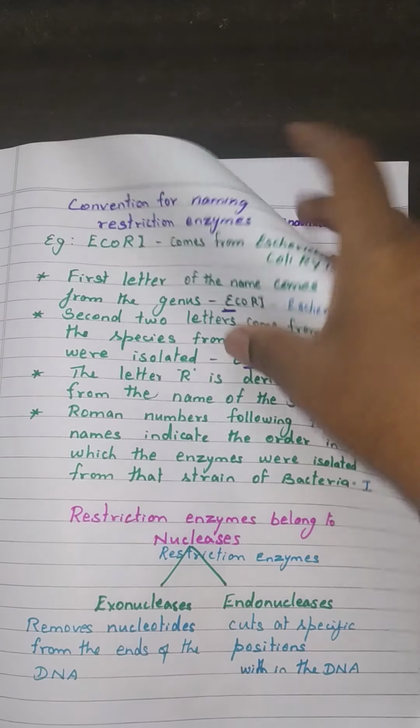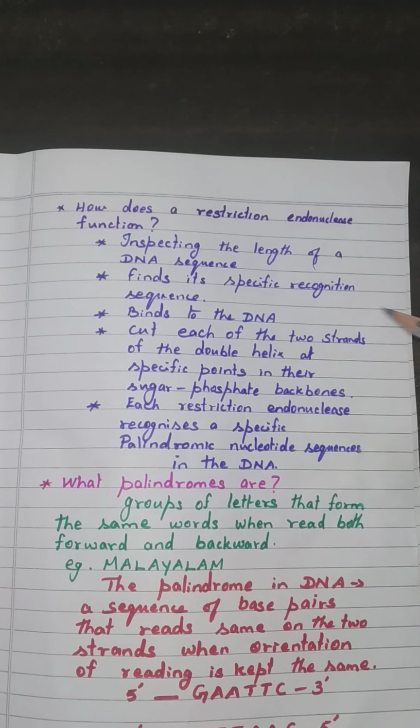How does a restriction endonuclease function? First, we want to cut the DNA into pieces. So what do we do? We mix DNA and the restriction endonuclease enzyme together. What will happen? This restriction endonuclease inspects the full length of the DNA sequence, and then it finds the specific recognition sequence.